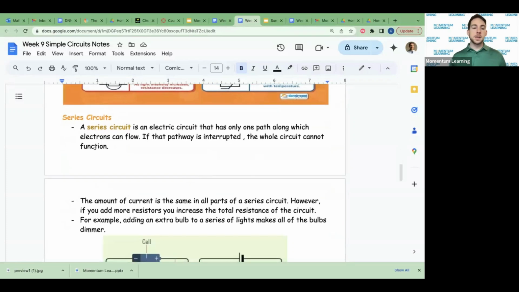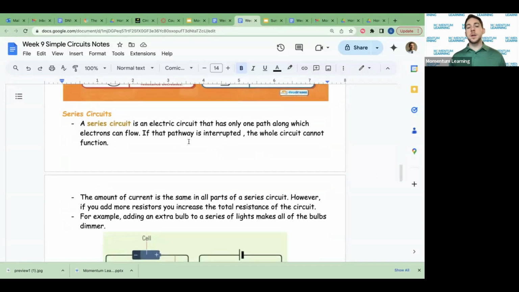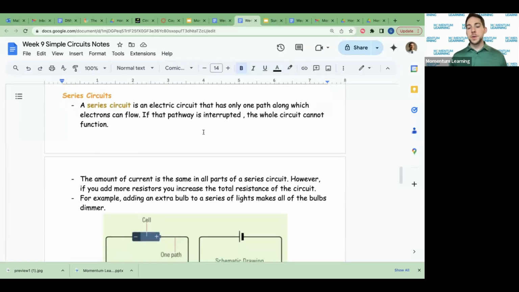So then the next concept would be series versus parallel circuits. So a series circuit is a circuit in which there's one path in which electrons can flow. I usually tie this to the old-fashioned retro Christmas lights.